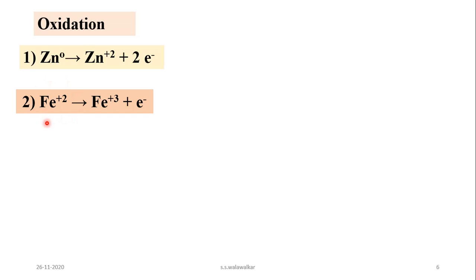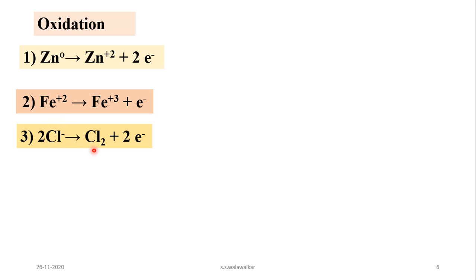And this Fe+2 ion further loses 1 electron, then it forms Fe+3 ion. So a positively charged ion changes to a more positively charged ion by loss of electron. Or here 2 chloride ions, negatively charged ions, each loses 1 electron.